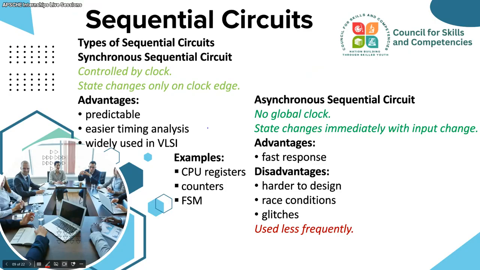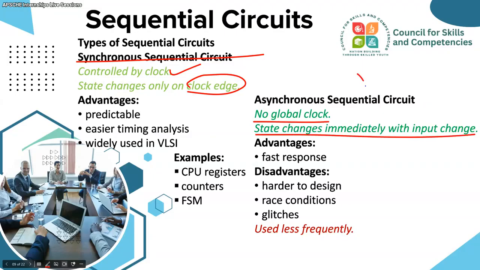In asynchronous, anytime anything can happen, but here only during the clock changes it will happen. So in a synchronous sequential circuit, it is controlled by the clock, so only on the clock edges the changes will happen. But here there is no global clock, so the state changes immediately when the input changes.